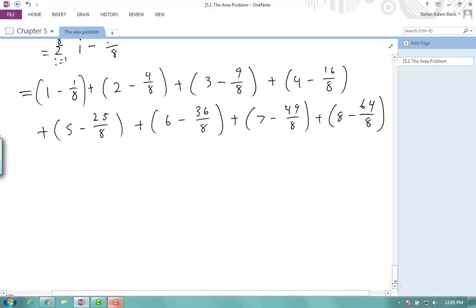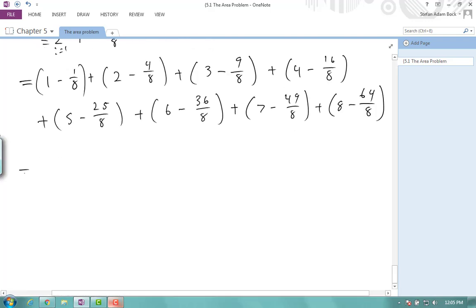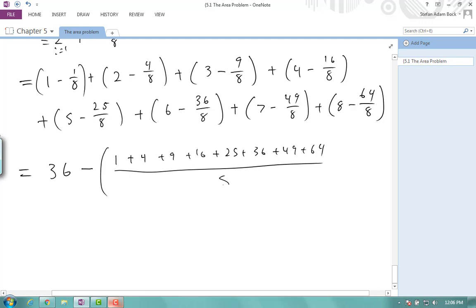What happens when I add all of this up? Well, I get 1 plus 2 plus 3 plus 4 plus 5 plus 6 plus 7 plus 8, and that is equal to 36, minus a whole bunch of 8s: 1 plus 4 plus 9 plus 16 plus 25 plus 36 plus 49 plus 64, all divided by 8.